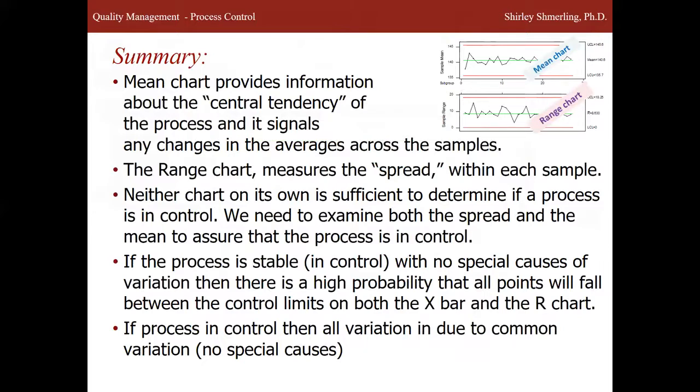However, neither chart on its own is sufficient to determine if the process is in control. We need to examine both charts, the spread and the mean, to assure that the process is in control. If the process is in control, then all variation is due to common variation and there's no special cause of variation.